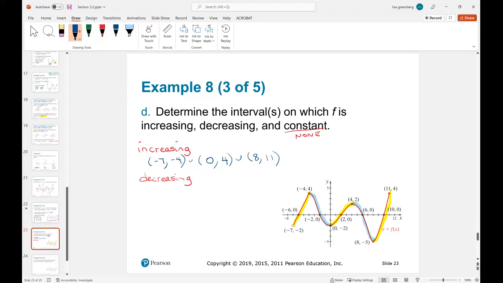So we're decreasing from x equals -4 to x equals 0, and also from 4 to 8. Okay, so increasing where it's yellow, decreasing where it's blue. I just put it in interval notation. It's simple as that.